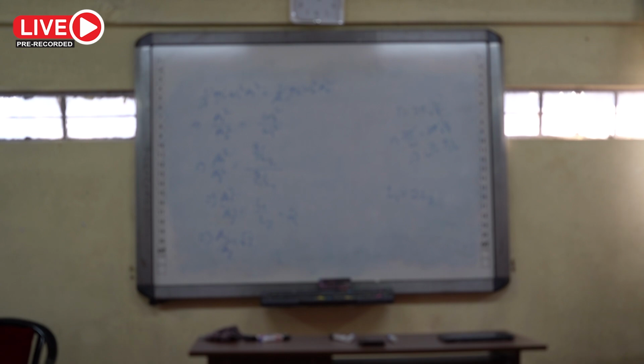How to solve this problem? If I use the equation of kinematics, v square equal to u square plus 2as, can we solve the problem?